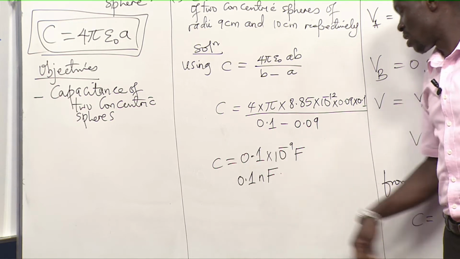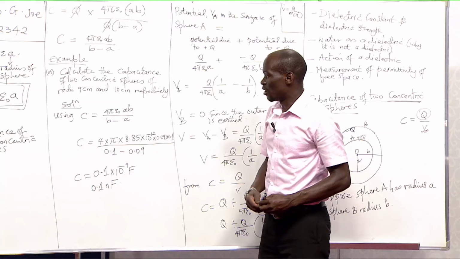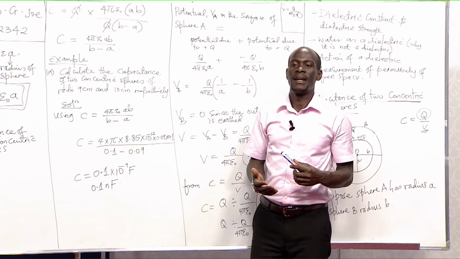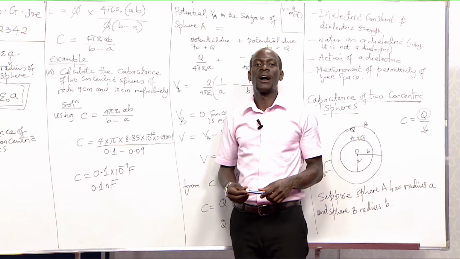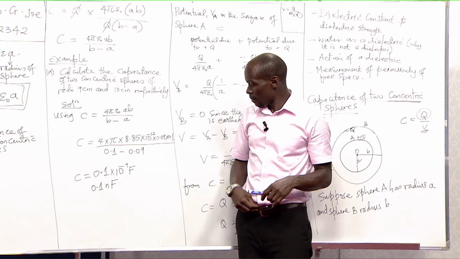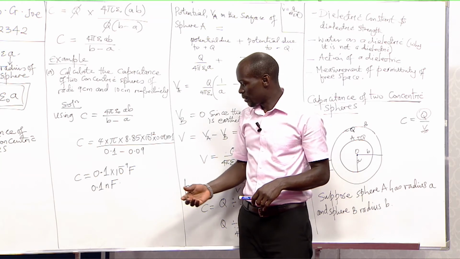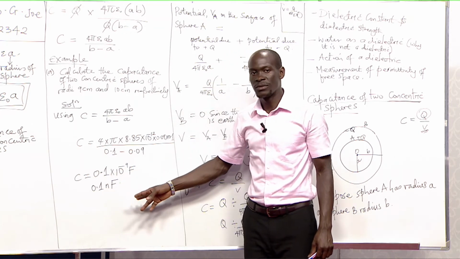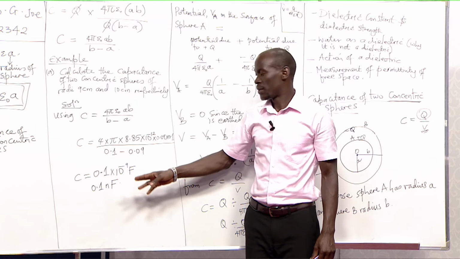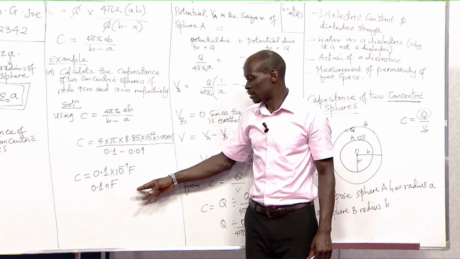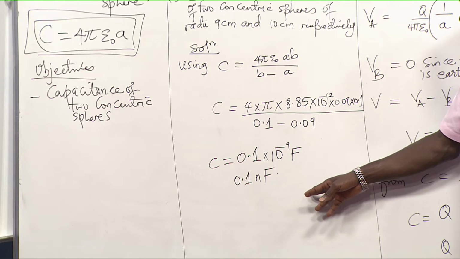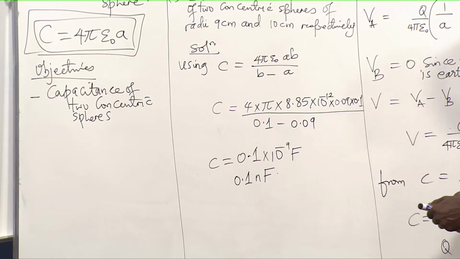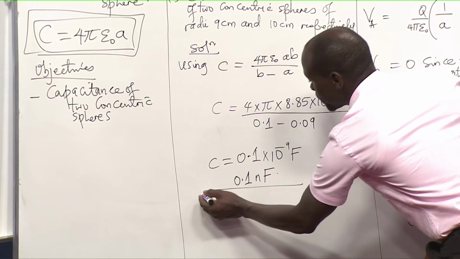If you remember, we said we have picofarads, we have nanofarads, we have the micro. So nano is negative 9, pico negative 12, micro negative 6. Micro is negative 6, pico is negative 12. So this is what we have.